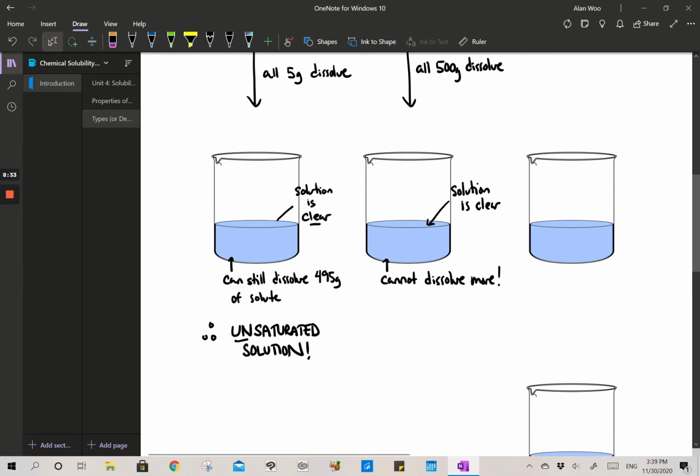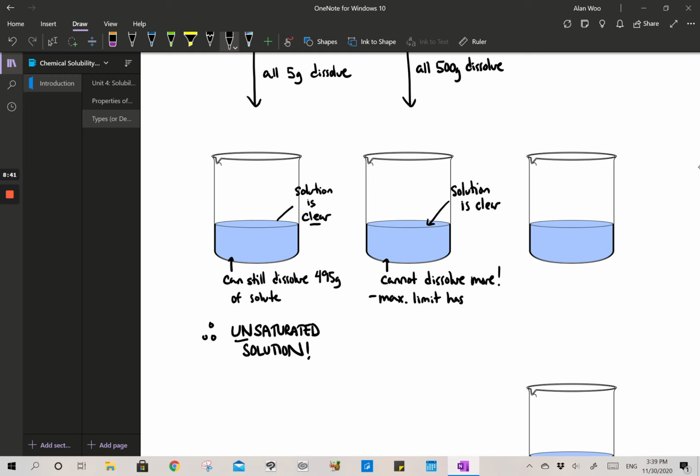The maximum has been reached. So this solution is now called a saturated solution.